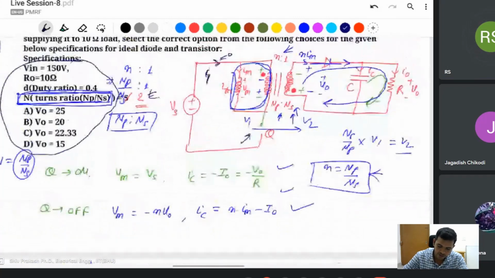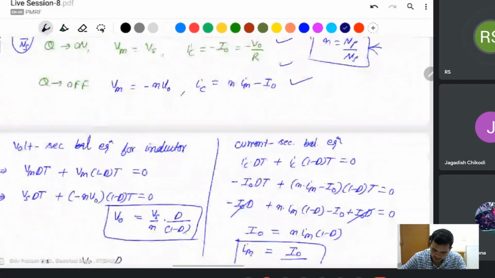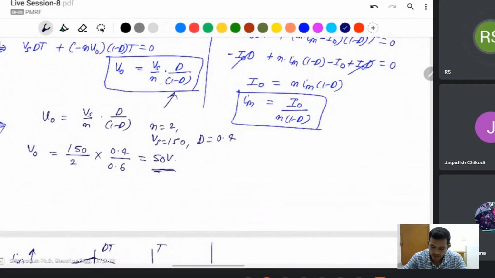Okay, if you take a different turn ratio, then you can find this one. Leave it. Then output voltage is like that, Vs by N into D by 1 minus D expression.